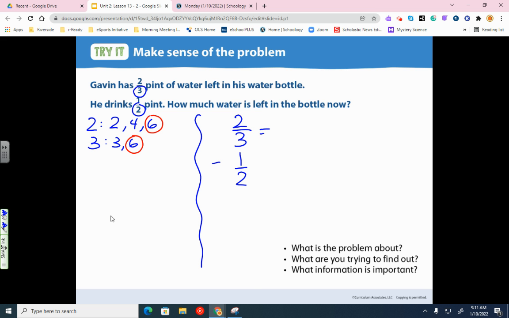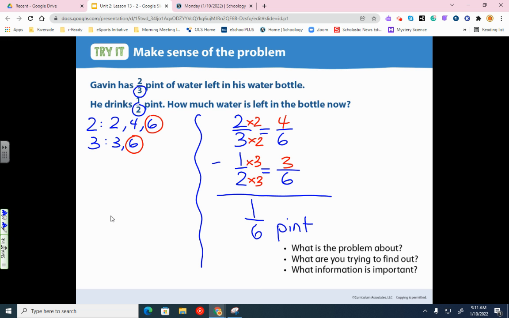It spaces things out nicely. So we have to figure out how to change or make equivalent fractions based off this new common denominator. And this will give me 3/6, and that'll give me that. So it's 4/6 minus 3/6, which is 1/6 pint.